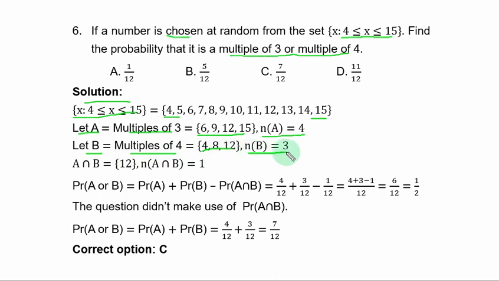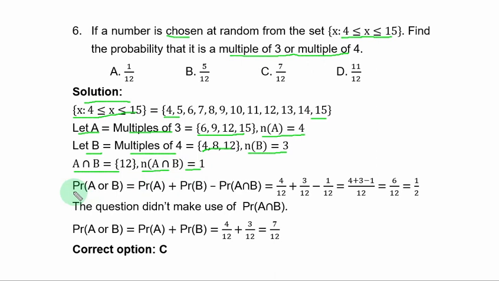They are 3 in number. You have to check whether there is an intersection or not, and by checking you have it to be 1 element. So the number of elements in A intersection B is equal to 1.